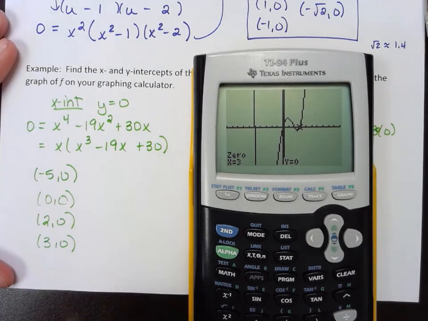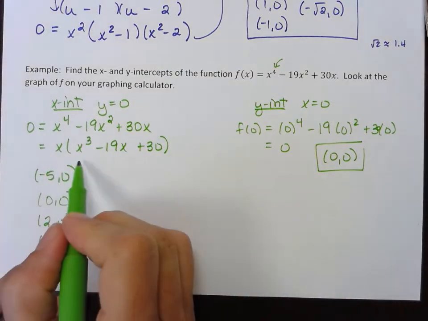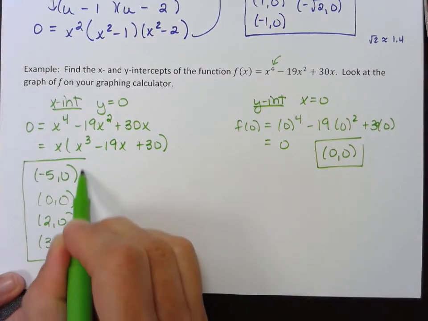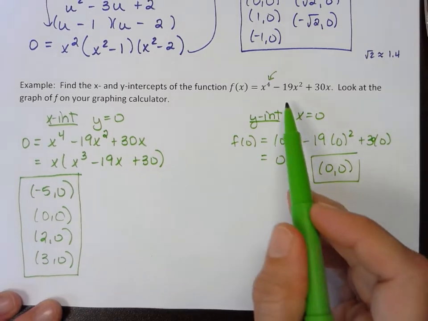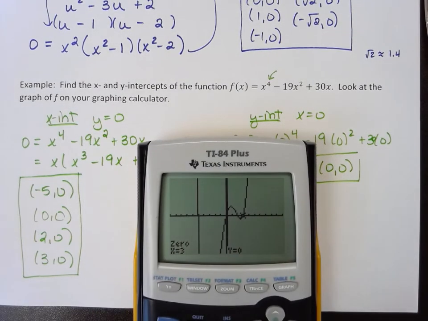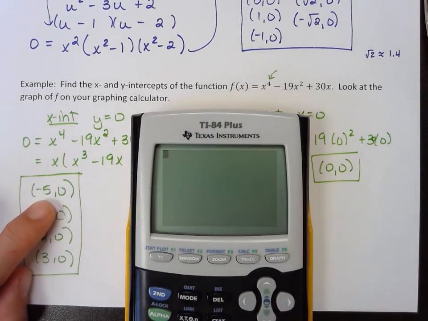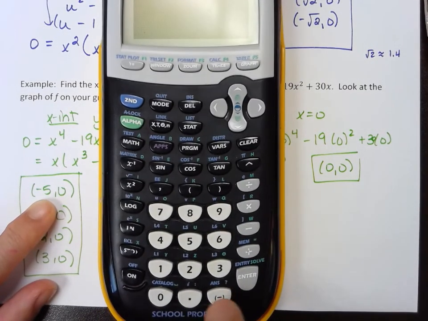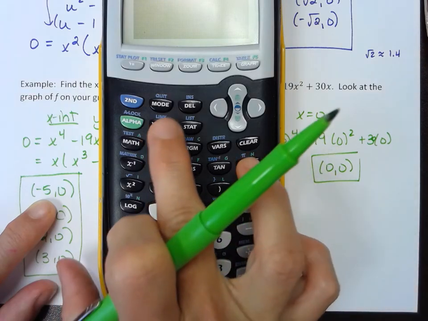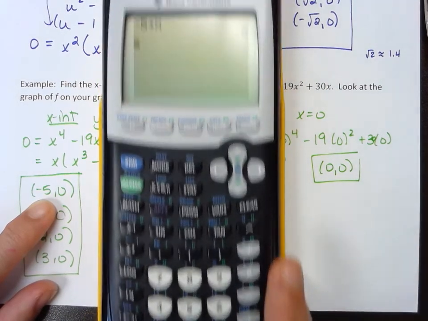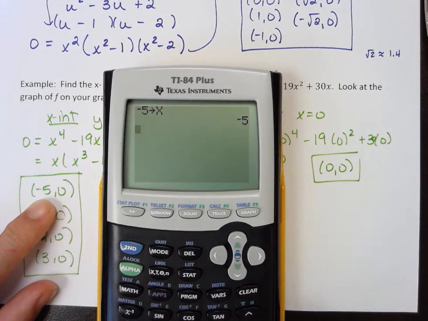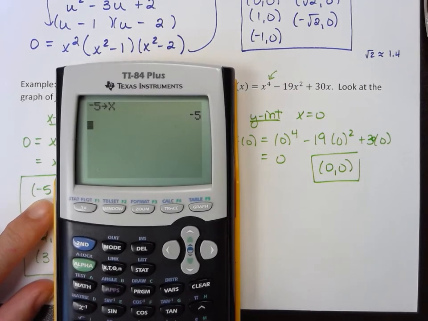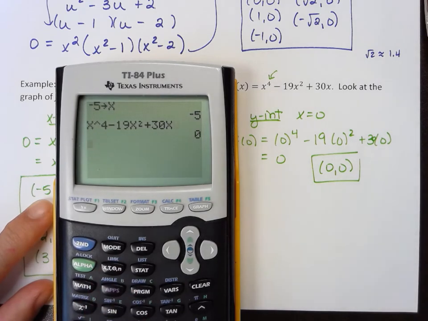So hopefully these are our zeros. You can double check that they really are by plugging them back into the function. So let's say we want to test -5. Do -5, store, x, enter. So you just told your calculator that x is -5, and type in the function x to the 4th minus 19x squared plus 30x, and we do get 0.